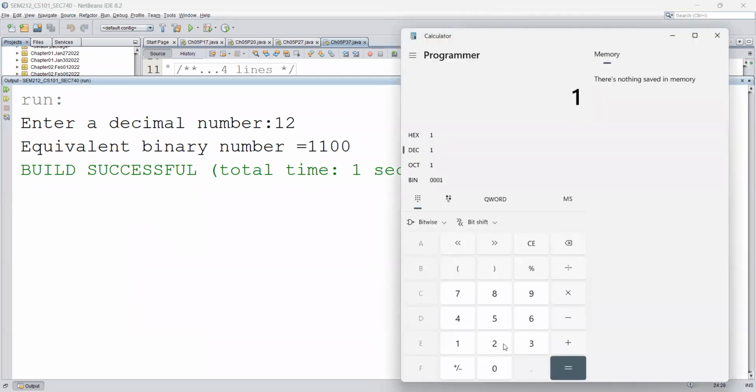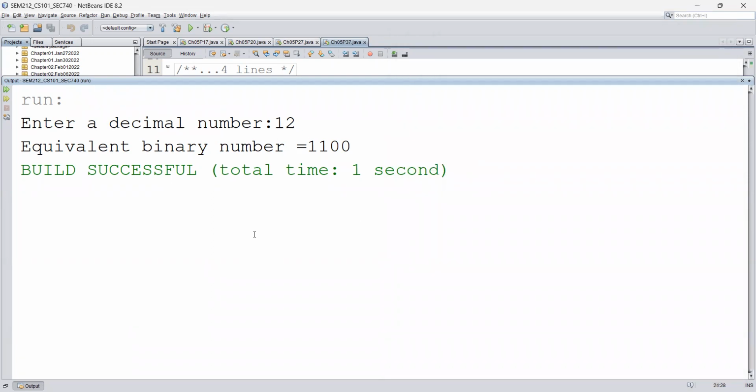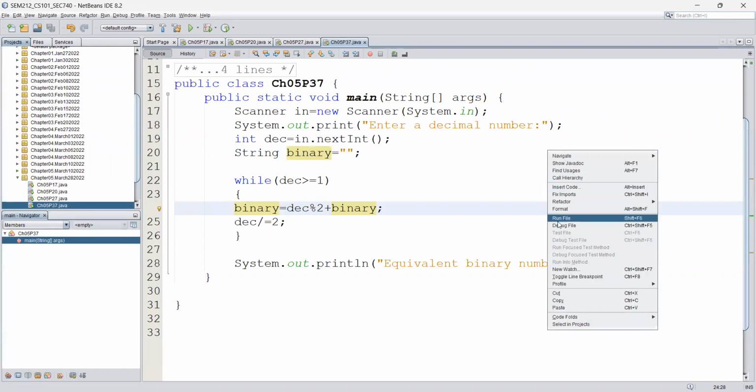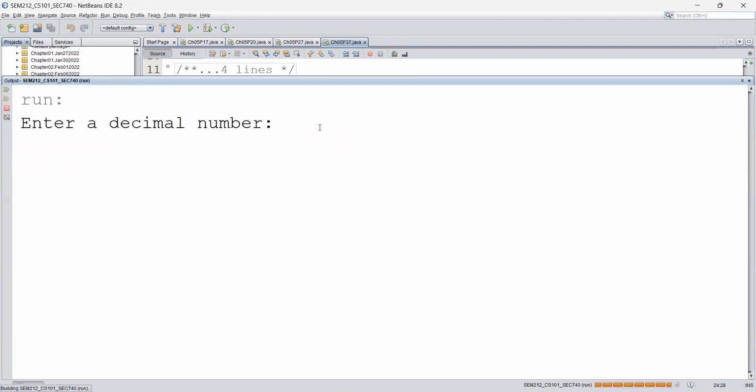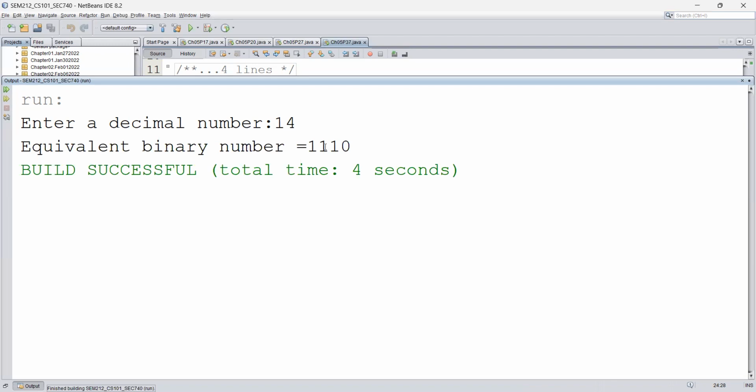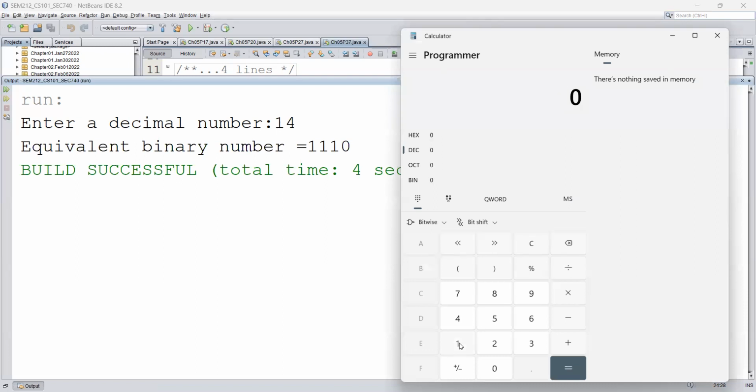For example, for 12, look here, in hexadecimal it is C, in decimal it is 12, in octal it is 14, in binary it is 1100. Let's say 14. It is 1110. Let's check it. 14, you get in binary 1110. That is what we are getting.